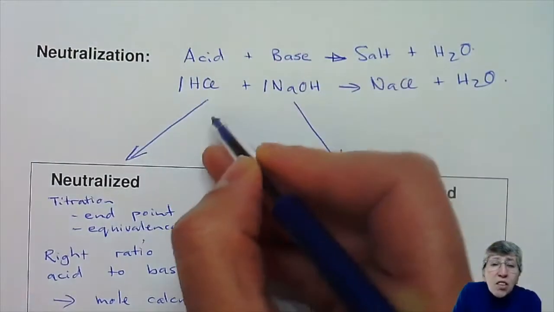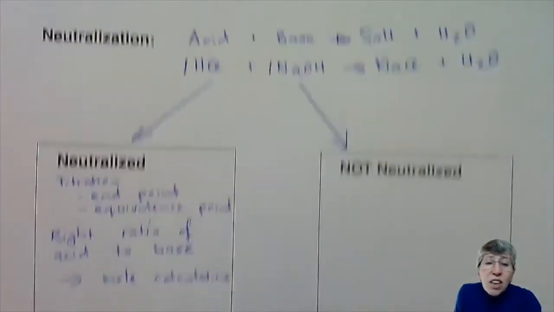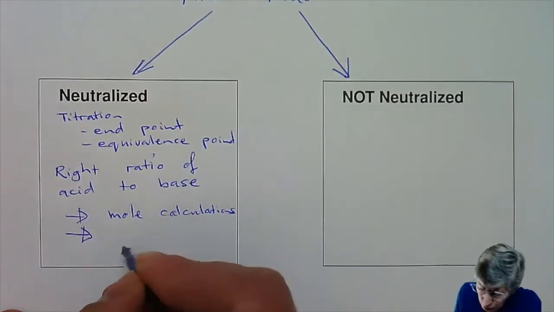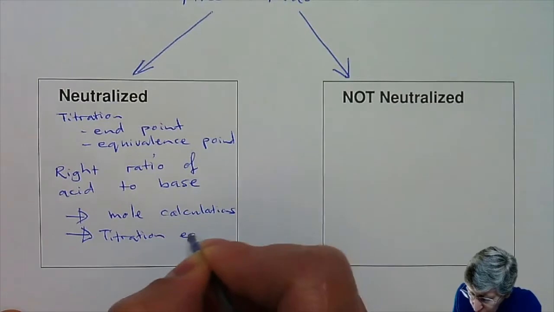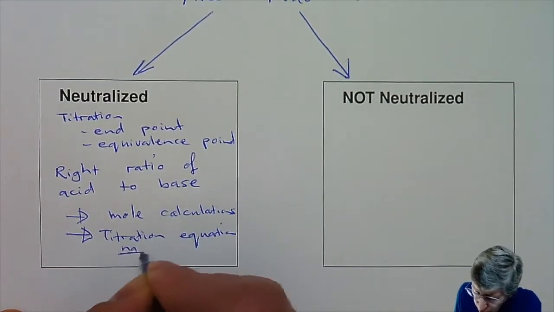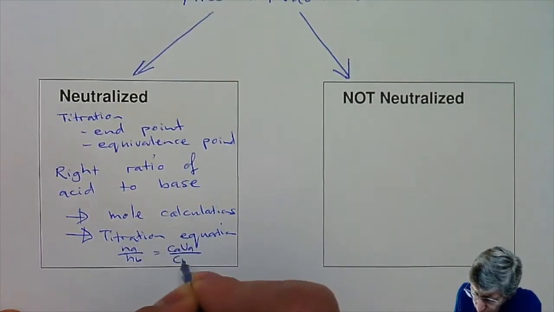You can work out the moles of that, and then say 1 to 1 because they are in the right ratio. And also, if it's a titration, you can use what we call our titration equation, that one where we said Na over Nb equals CaVa over CbVb.